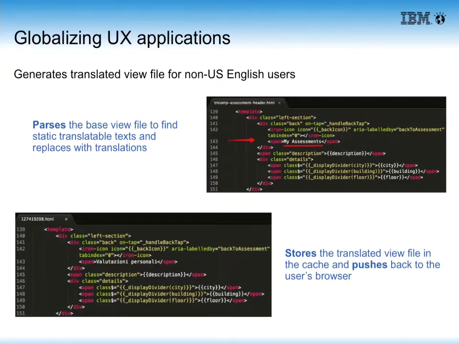As you can see here, we have an example of our base UX view HTML file with a translatable text here, the My Assessment. So when a non-US English user requests this page, the platform then generates a translated version of that page and stores it somewhere.